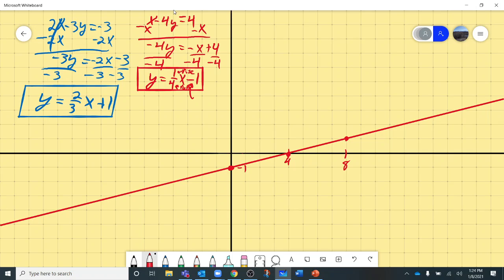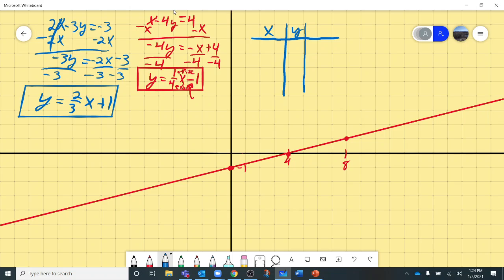There's 8. Okay, so then with my blue one, let's go ahead and make a table. And again, when you make a table, you get to pick whatever x values you want. If you want to pick 43,292, go ahead and pick that. You probably should pick values that are actually on your graph. That 42,000 is not going to be on my graph.